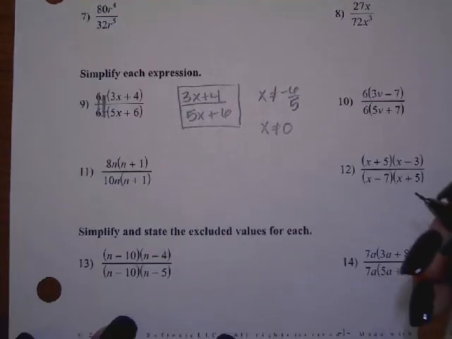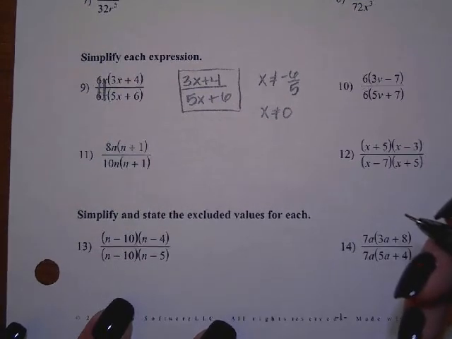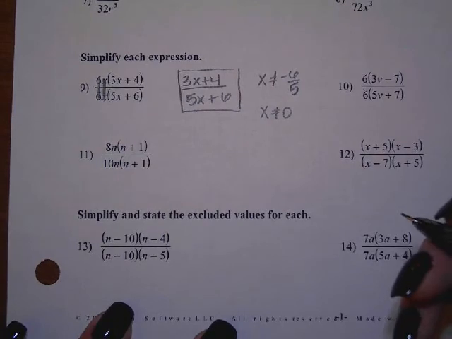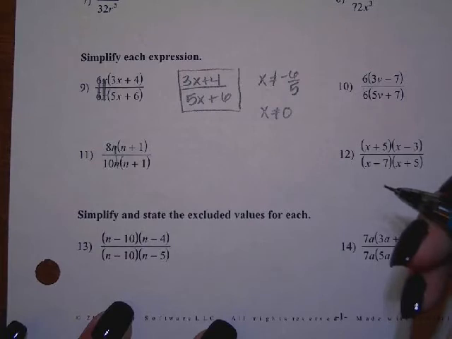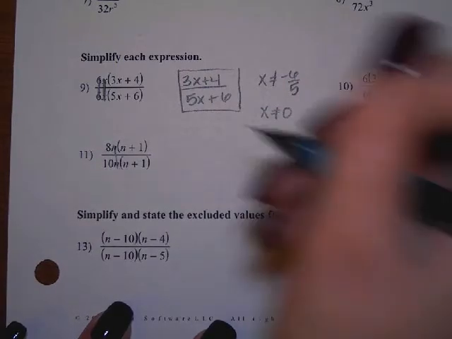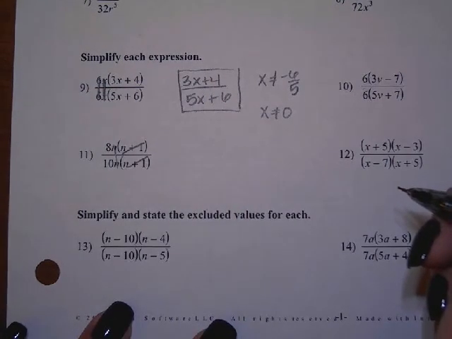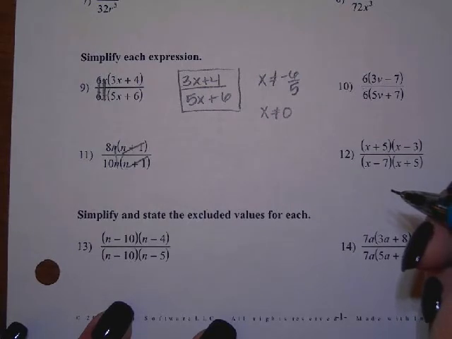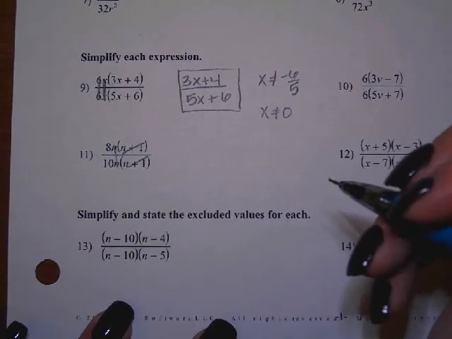Okay, what about number 11? I see some stuff that cancels. The ends, right? And the parentheses are identical, so they cancel. You're close. You can use your cheat sheet also.